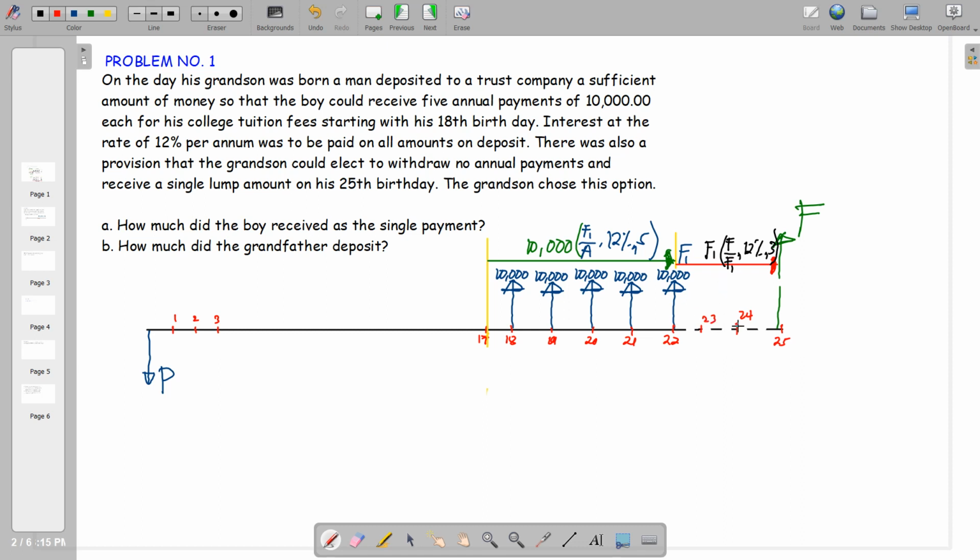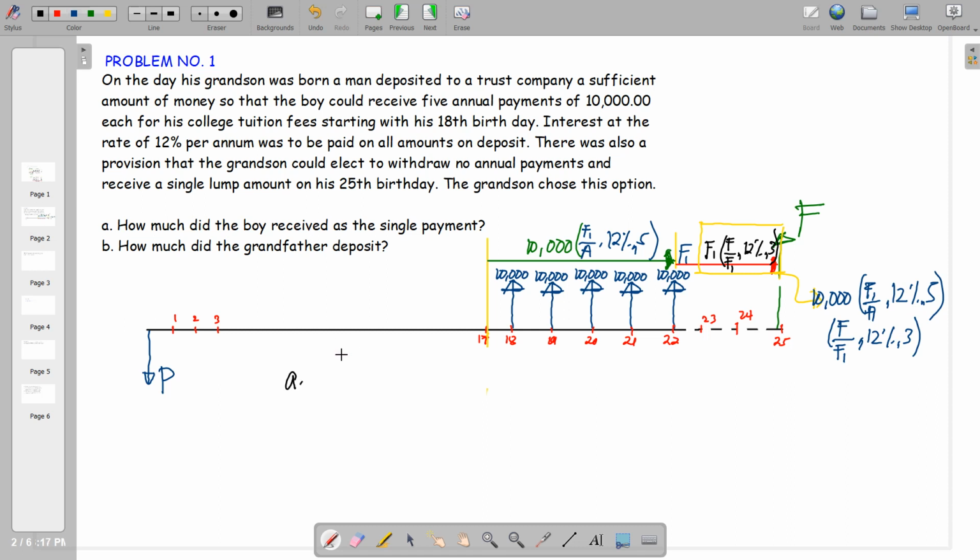So we have 3 periods to bring this F1 to this F. Further, we can say that this F1 is actually that notation. So 10,000 finding F1 given A at 12%, 5, then finding F given F1 at 12%, 3. So now this will be our solution.